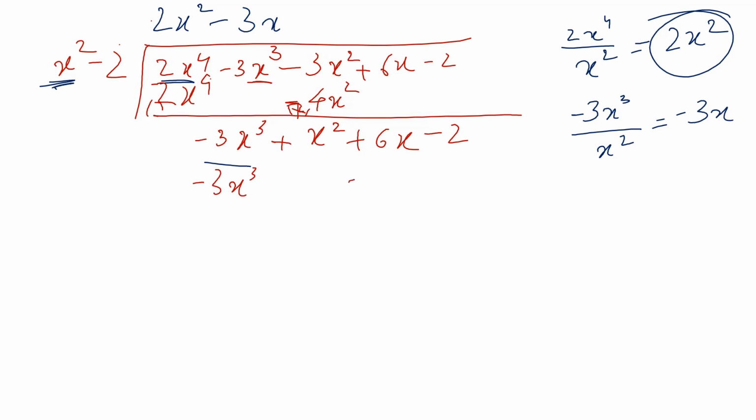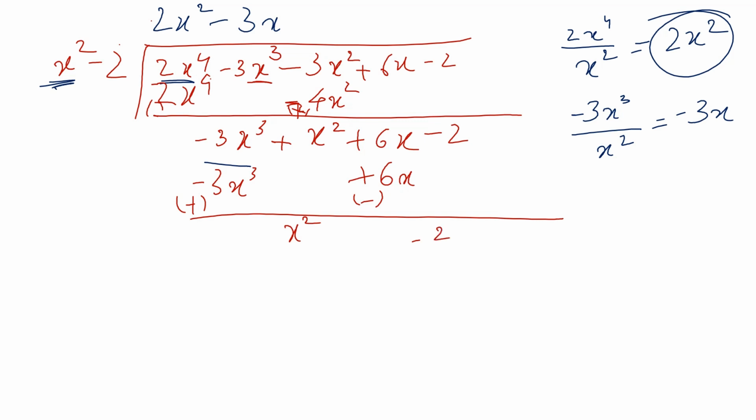Since we have to write it under equal powers of x, we'll write it here. This becomes 0, x^2 as it is, 6x minus 6x becomes 0, and minus 2 as it is.